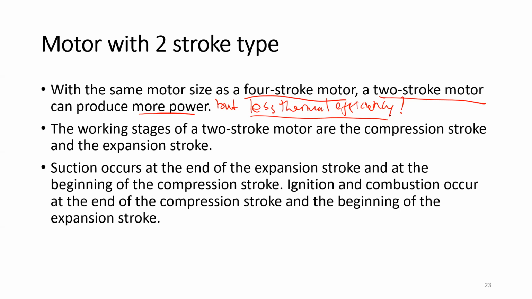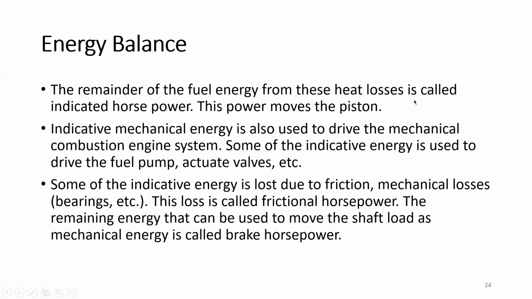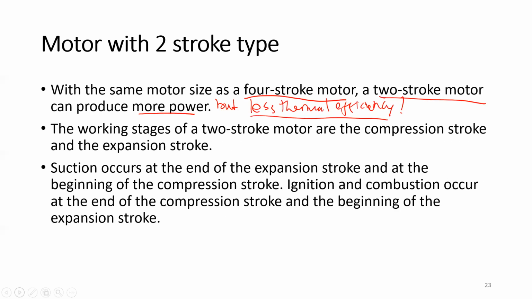So the working stages of the two-stroke motor are the compression stroke and the expansion stroke. When you look at the previous slide, there are the suction and the exhaust at the beginning and at the end of the process of the four-stroke type.